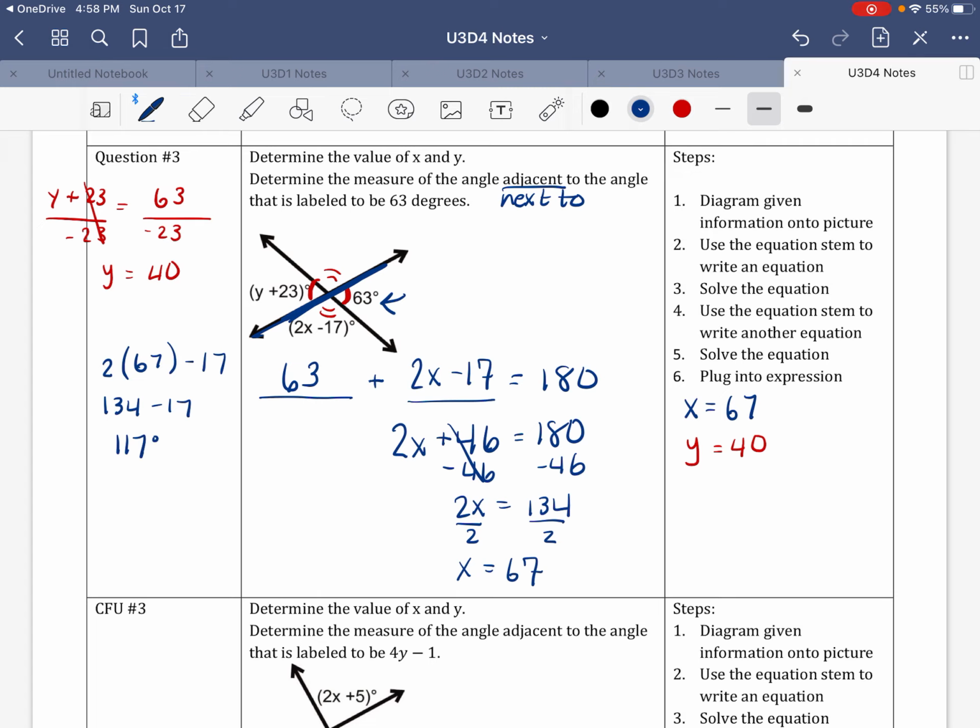So that tells us this angle, 2x minus 17, is equal to 117 degrees.